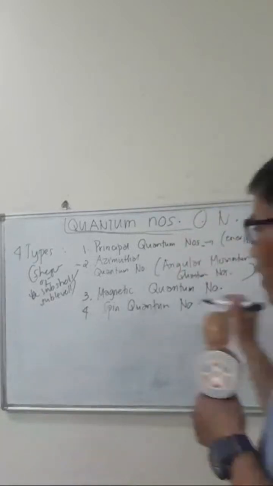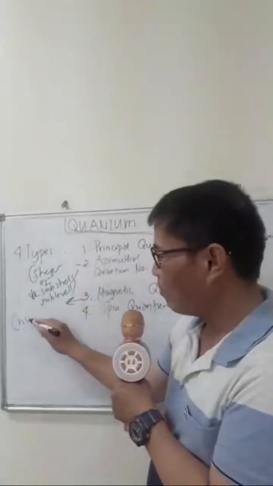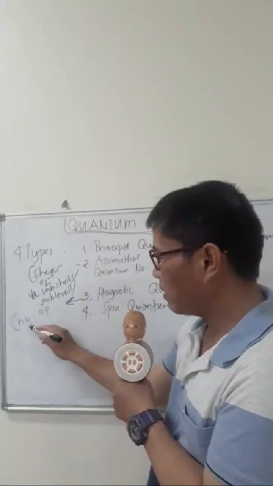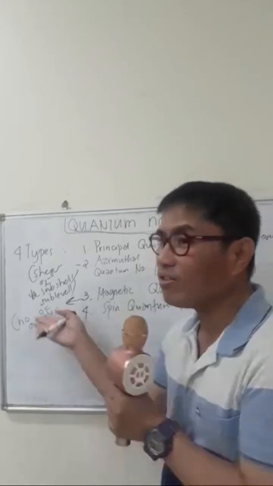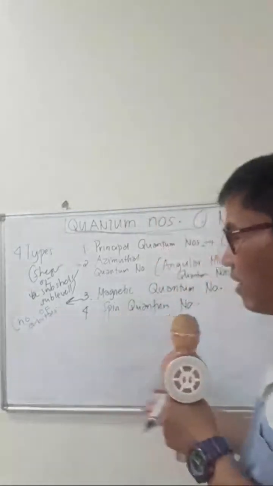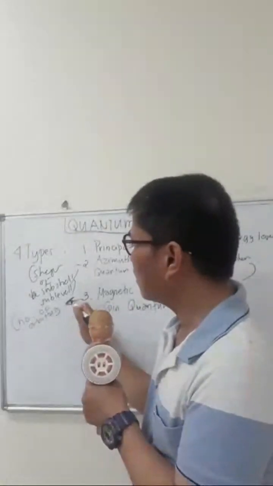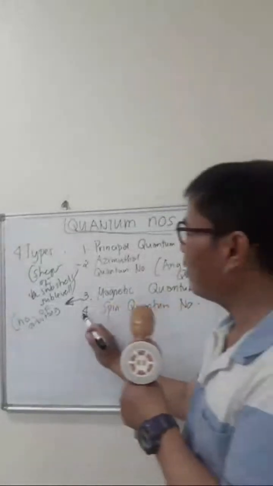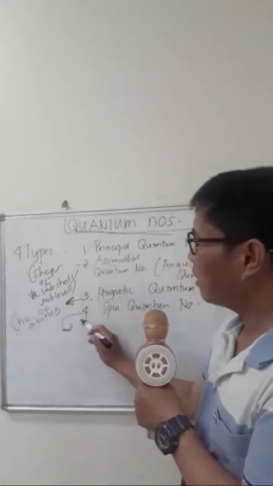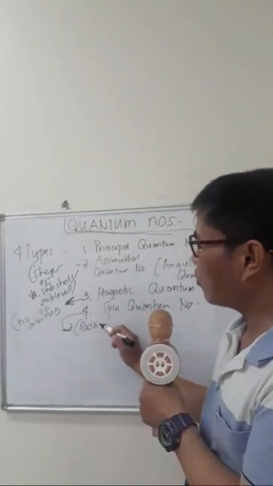Number 3, magnetic quantum number. It has to do with the number of orbitals. Number of orbitals. Why did I put the keywords? Because in our definition, we will use this. Number 4 has to do with the positioning or the orientation of your electron.